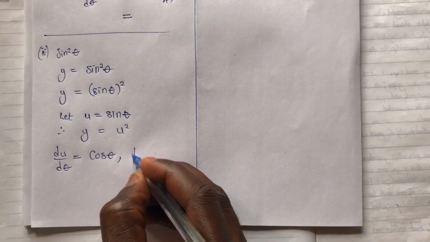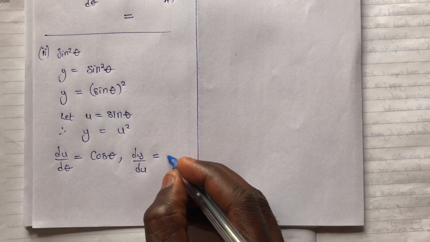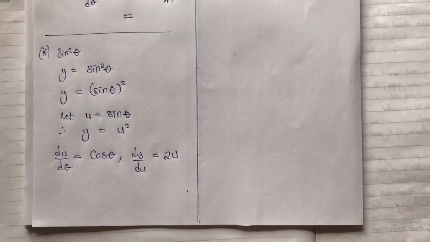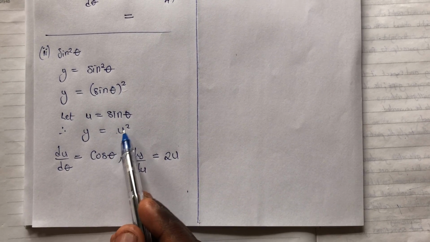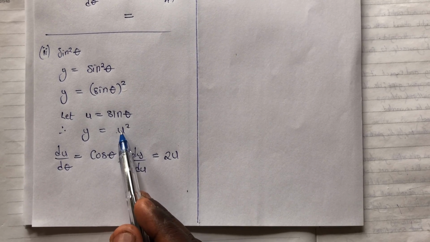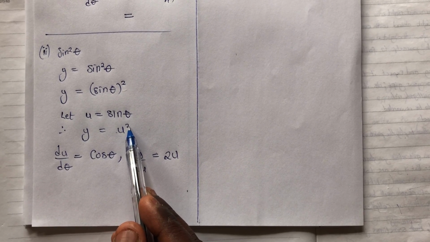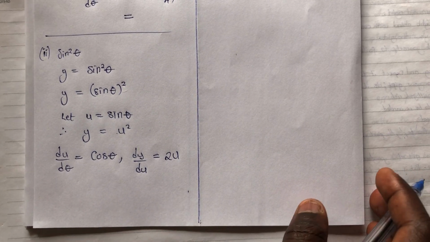So now dy/du will give us 2 times u. This is because you reduce the power by 1. So this will give us 2 times u to the power 2 minus 1, giving us this. So now we can apply the chain rule here.